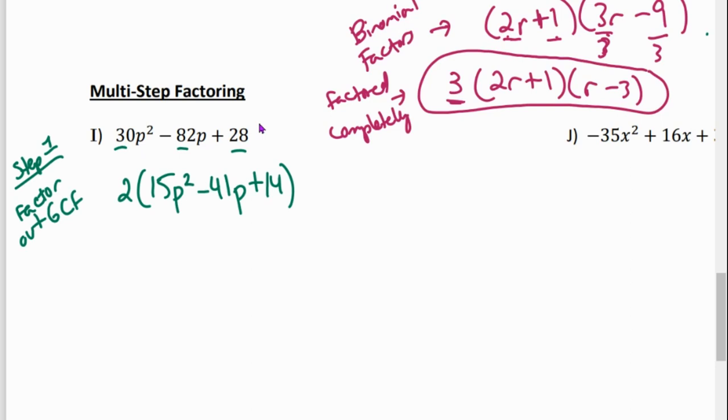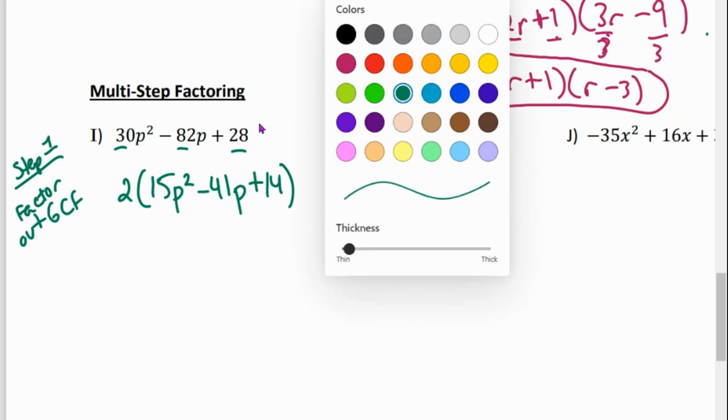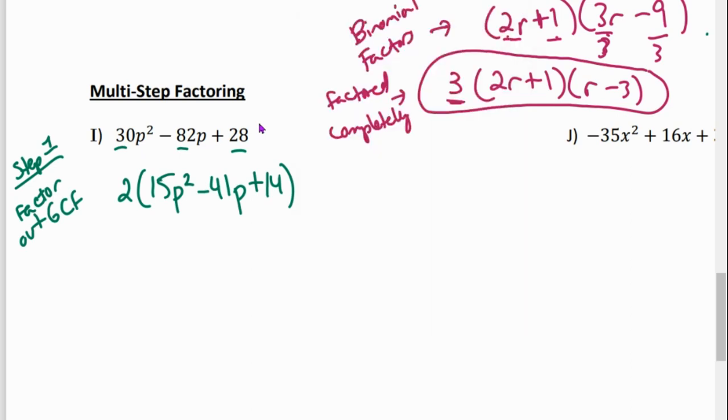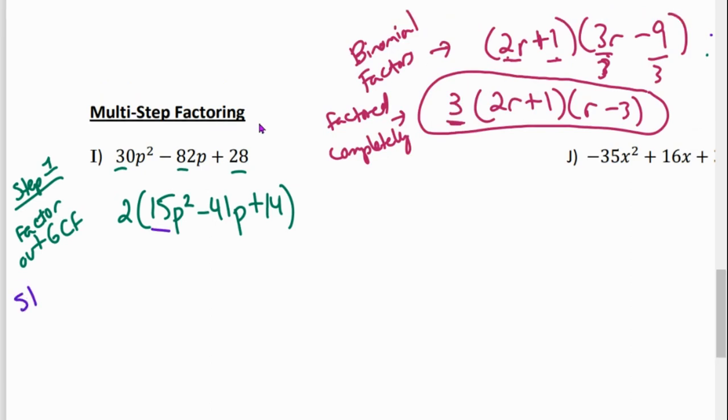All right, so next we have three terms. So that tells us we're going to have to factor a trinomial. It's not a basic trinomial because your a value is not 1. So then we're going to have to use a C method.